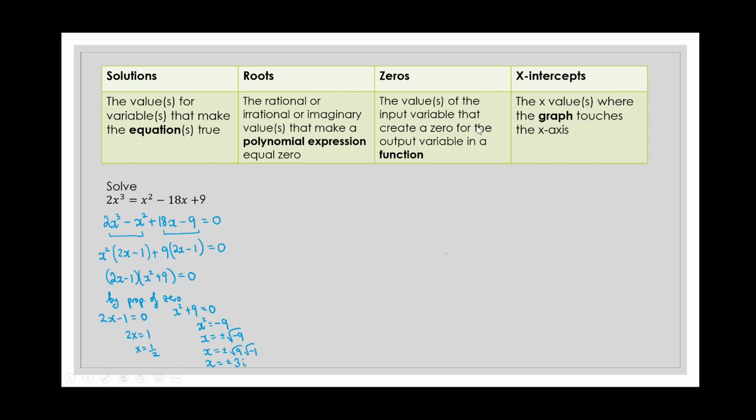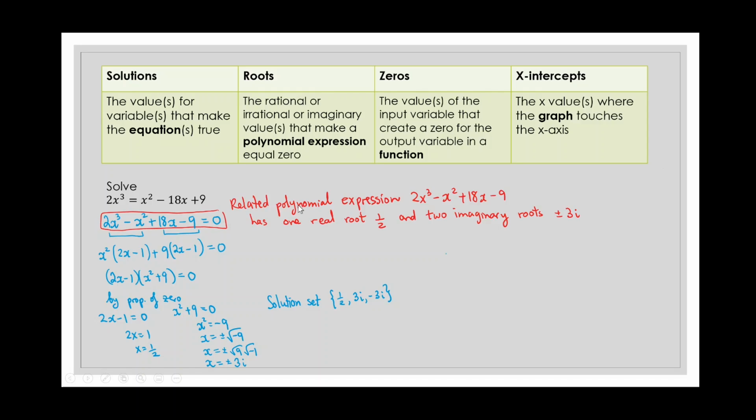So how do these terms relate in this question? So we can say that the solution set is 1/2, 3i, and -3i, because those are the values that make the equation completely true. We can also say that this related polynomial expression has one real root, 1/2, and two imaginary roots, plus or minus 3i.